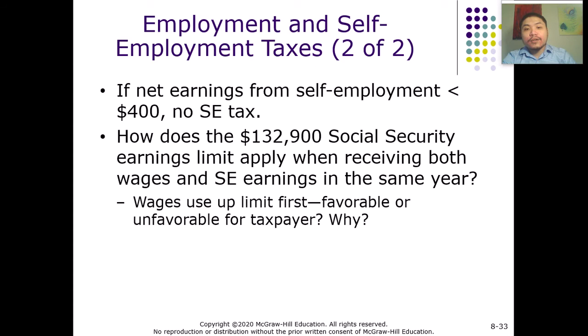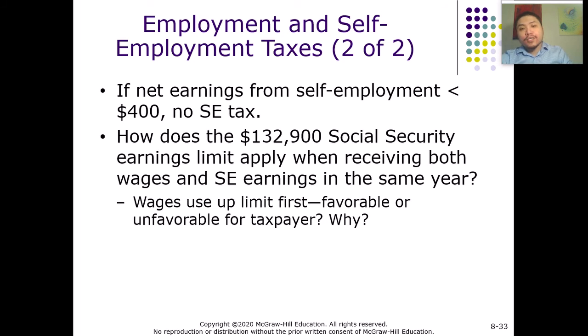So for the self-employed business, she only has to pay Social Security taxes on whatever is left over after we take the compensation out of the tax base limitation.